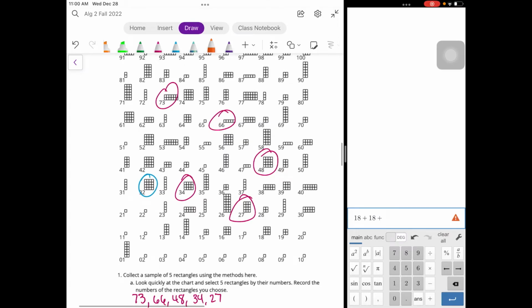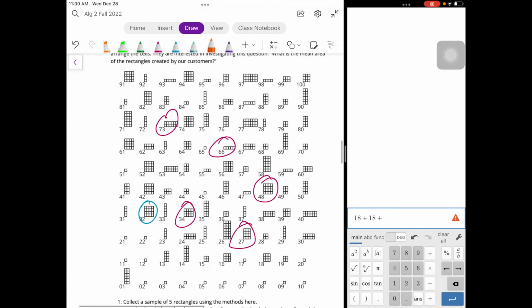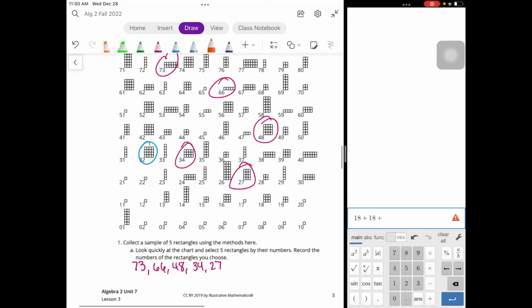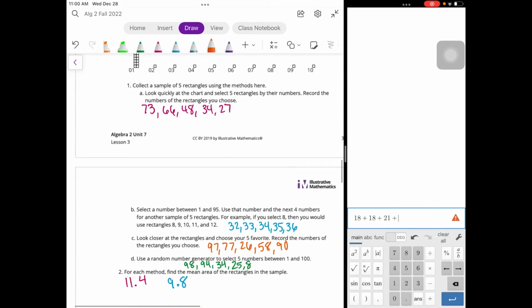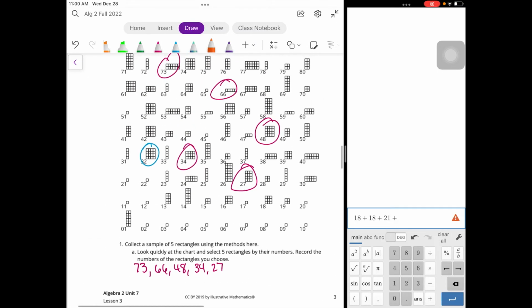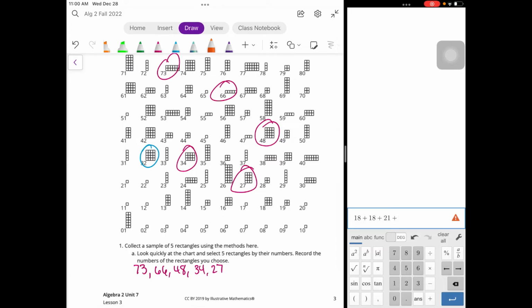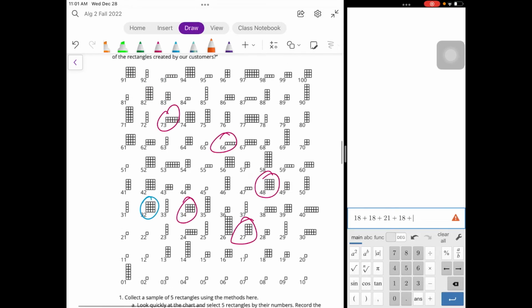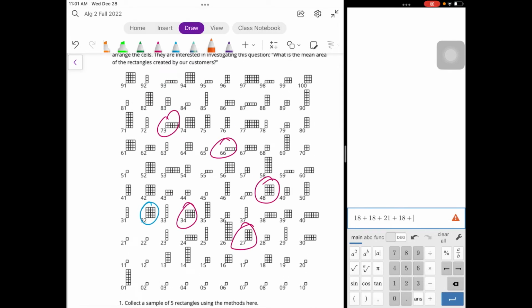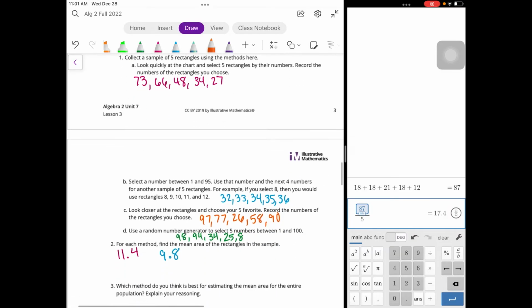Is that right? Yeah. So 26 is a 3x7. So that's 21. We had 58 and 90. So 58 is a 3x6. So that's another 18. And then 90 is a 2x6, which is 12. And then we're going to take that answer and divide by 5, and we get 17.4.